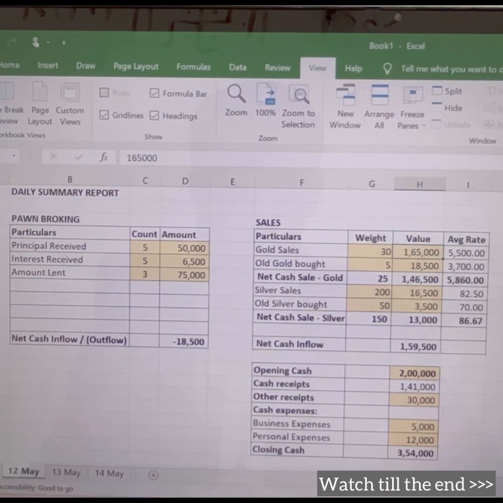And also you will come to know about the total business expenses and the personal expenses. The business expenses will include your purchases and other expenses which are related to the business, and what is the personal expenses that you have made from your business cash. Everything will be in front of you at the end of each month, which will be very helpful for you in making decisions related to your business.